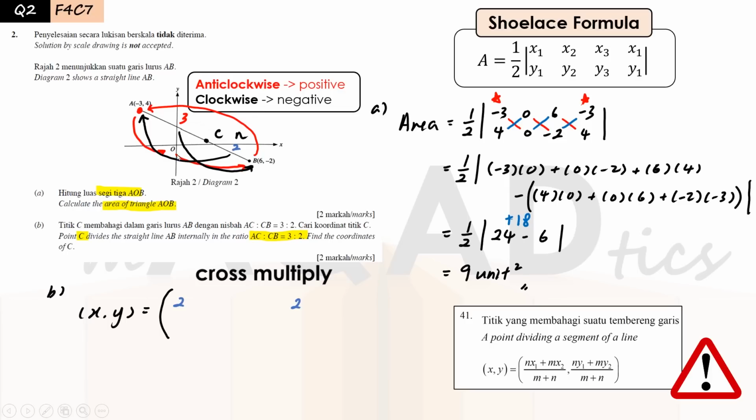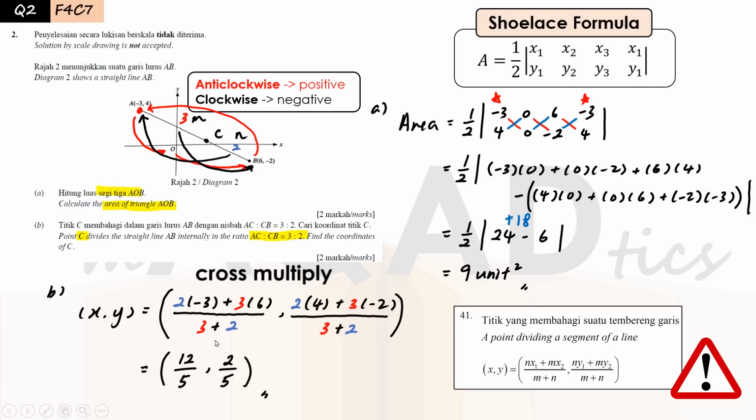And then I'm going to multiply with the coordinates of point A. And then I'm going to add the left side value, which is 3, or known as m, multiplied with the coordinates on the right side. Okay, and for the denominator, we are going to sum up the m and n, which is 5, and then we simplify, then we can get the coordinates.